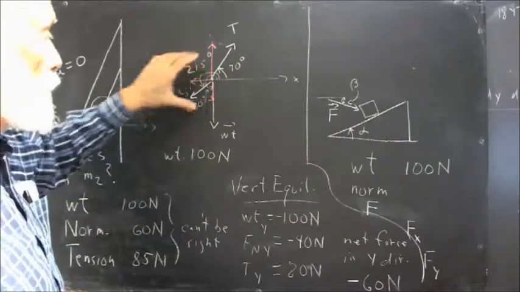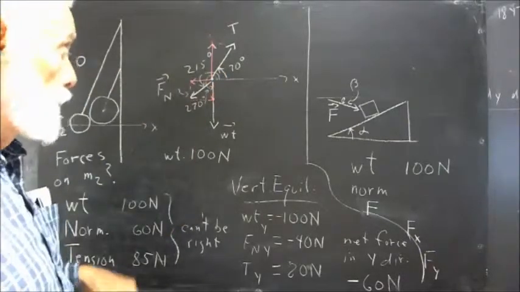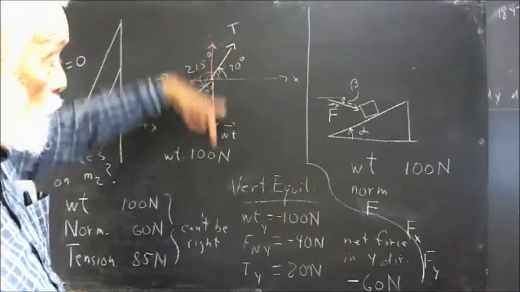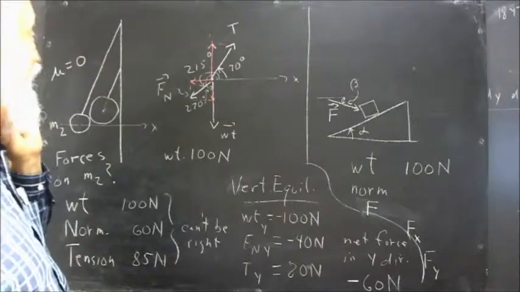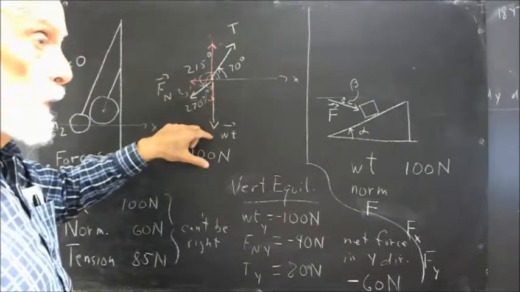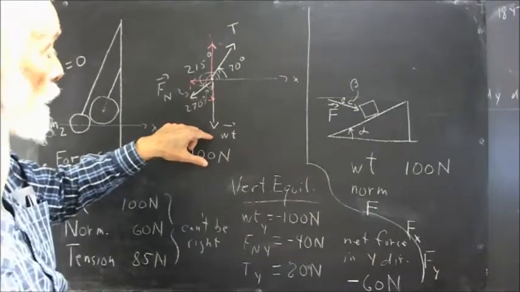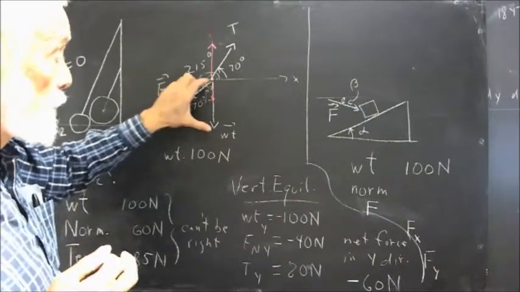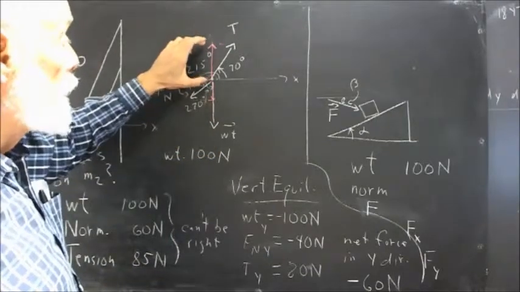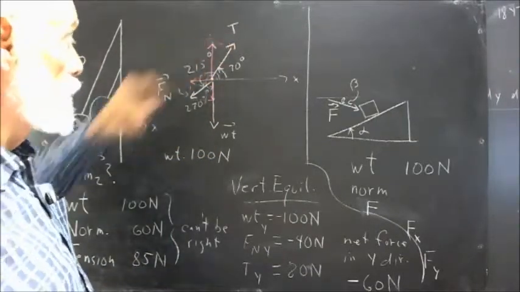The problem with my diagram was that the component of the normal force vector in the y direction and the weight vector, which is in the y direction, were much greater. The total of these downward forces is much greater than the y projection of the tension vector.